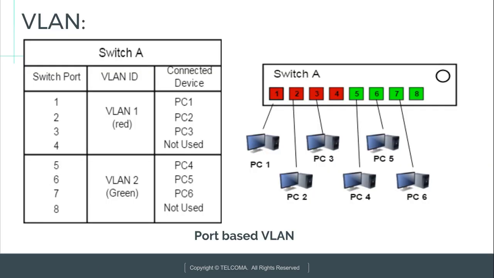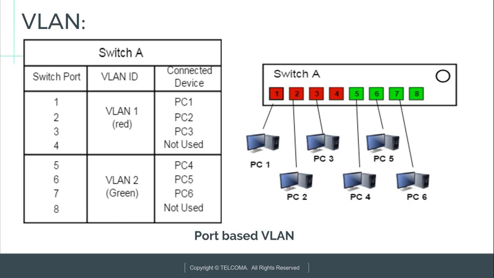So here we have switch A as shown in the diagram. It has 8 ports, and we assign the ports to a particular VLAN. Ports 1, 2, 3 and 4 are assigned to VLAN 1, and ports 5, 6, 7, 8 are assigned to VLAN 2. In this way a single physical switch is divided into multiple logical switches.